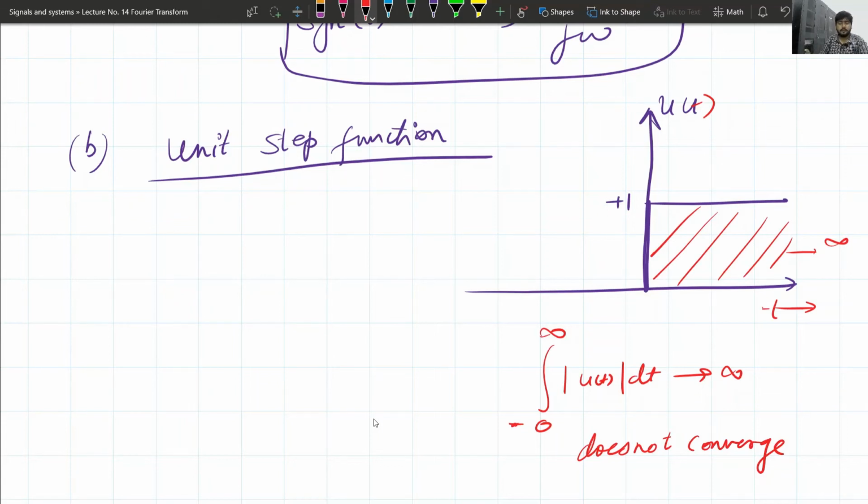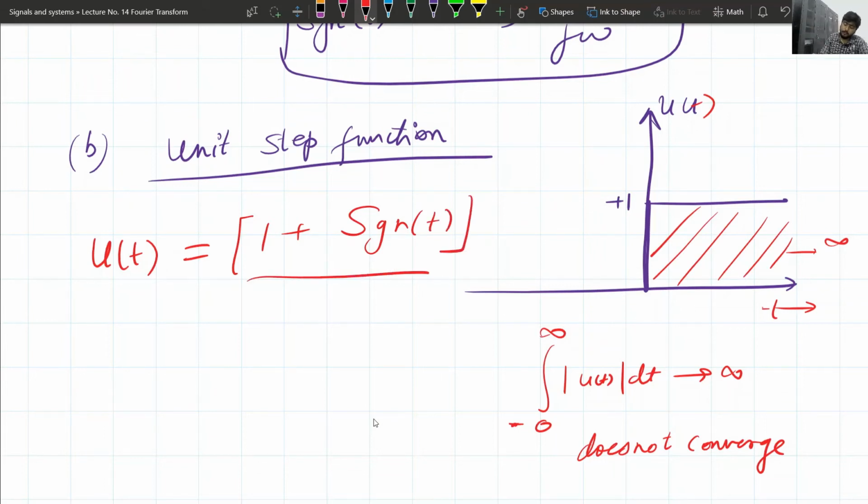But in the previous example of the signum function, we had calculated the Fourier transform of the signum function, even though it was not following Dirichlet conditions. And we can represent the unit step function in terms of the signum function as 1 plus signum of t, divided by 2.